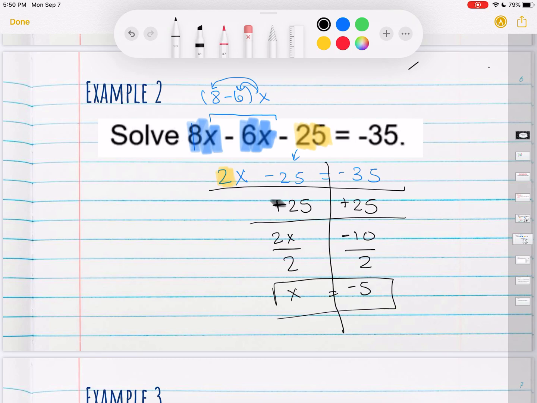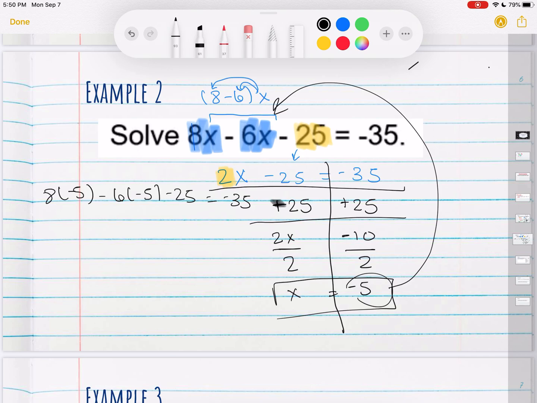I can check my solution by plugging -5 back all the way into the original. So 8 times -5 minus 6 times -5 minus 25. Well, we're hoping that's -35, and we're hoping we didn't make a mistake. So 8 times negative 5 is negative 40, minus 6 times negative 5 is negative 30, minus 25.